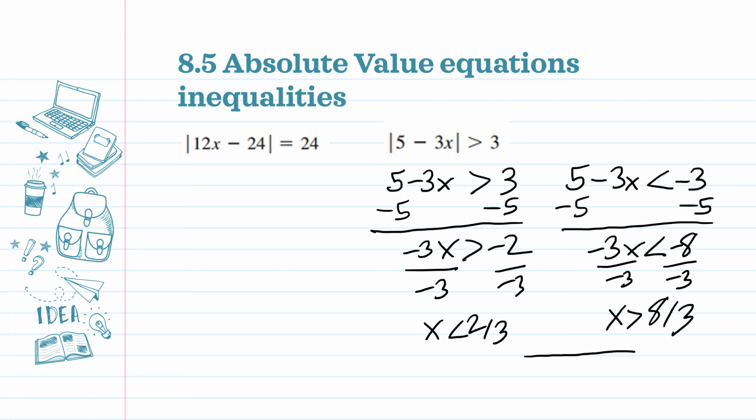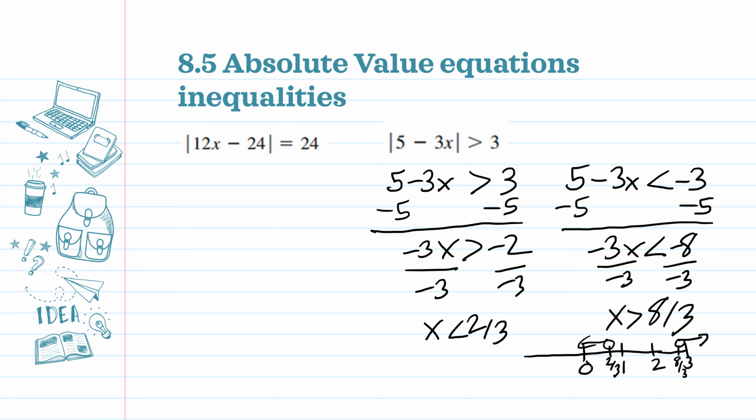Put this on a number line: this would be 0, this would be 1. We could say 2/3 is right here. 8/3 is just 2 and 2/3, so we can say that's right about here. So we have an open circle here, an open circle here. So okay, this way and this way.